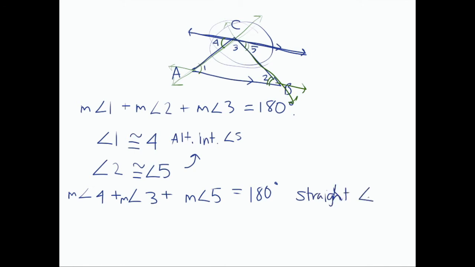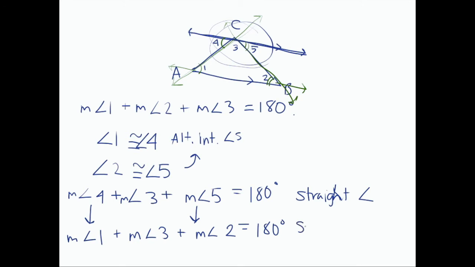So finally, I know that the measure of angle 1 is the same as angle 4, and angle 2 is congruent to angle 5. So I can substitute those angles in where I have 4 and 5. I'm going to say the measure of angle 1 plus the measure of angle 3 plus the measure of angle 2, because that's congruent to 5, should also give me 180 degrees.